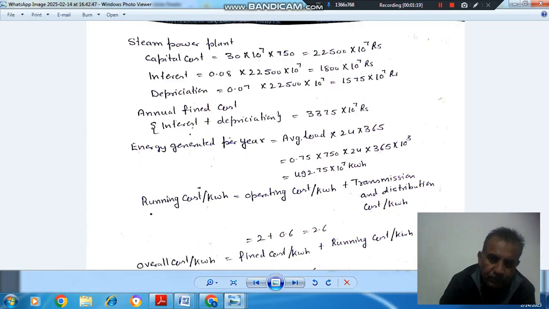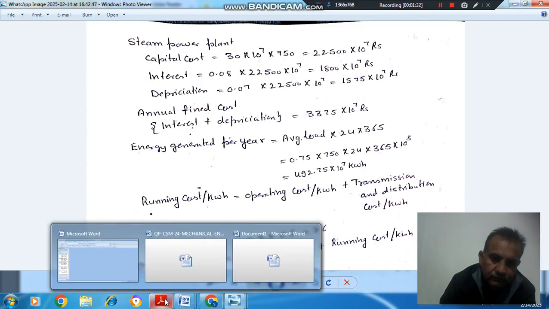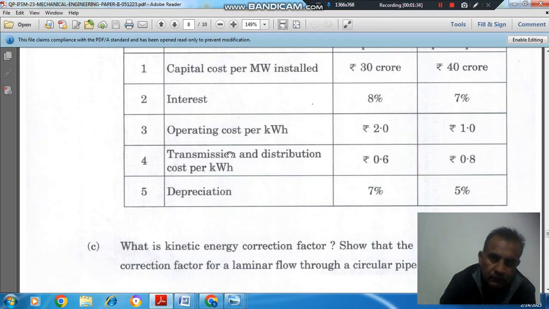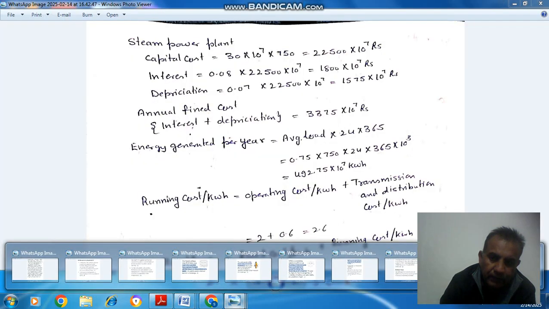So first of all, taking the steam power plant, the capital cost, as 750 megawatts is produced, is given at 30 crore per megawatt, and 40 crore for the hydraulic plant.